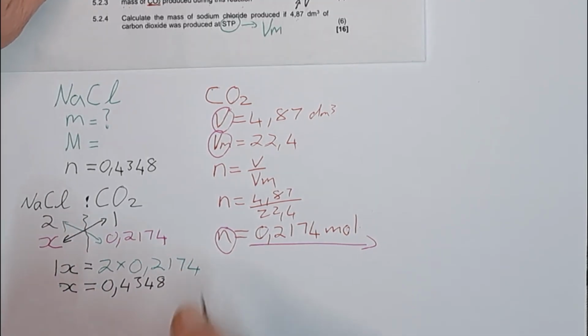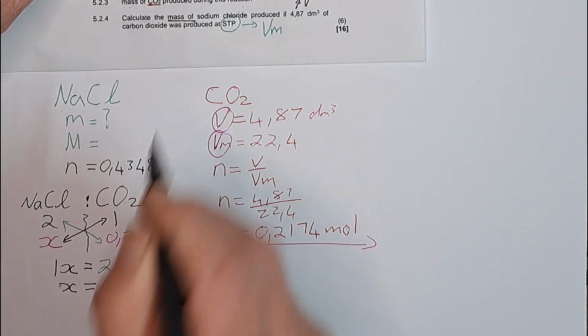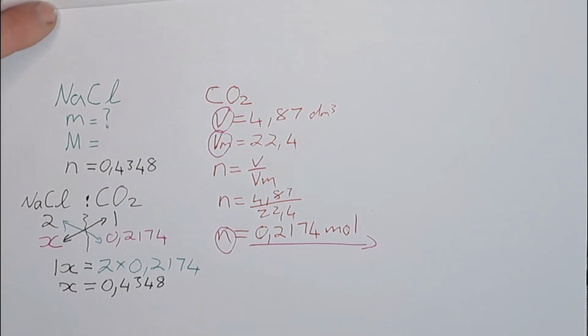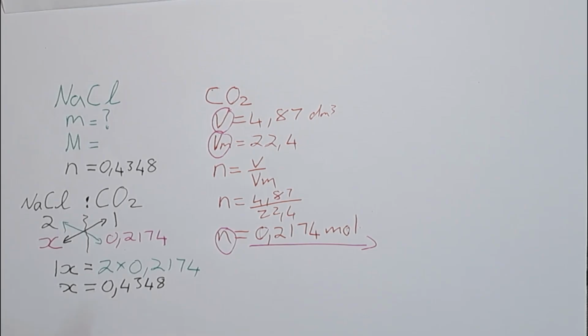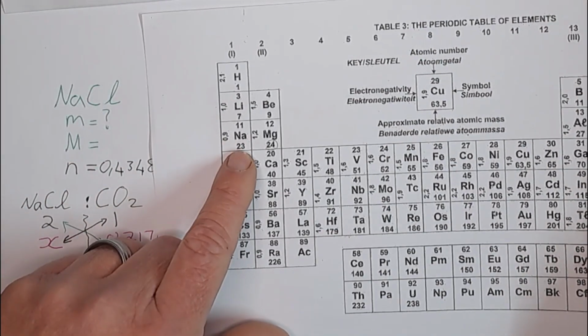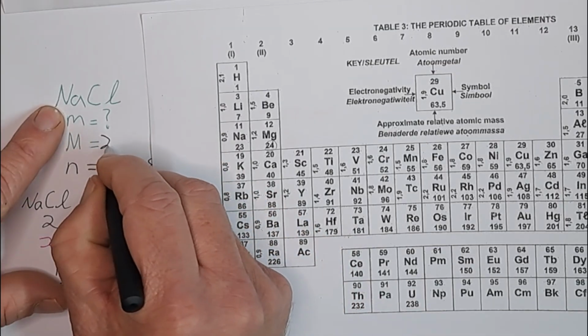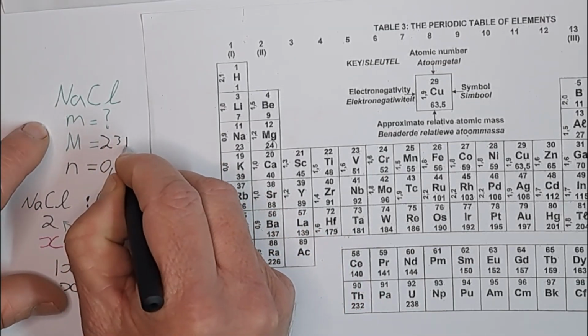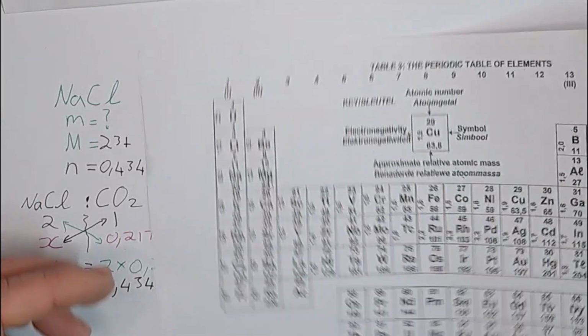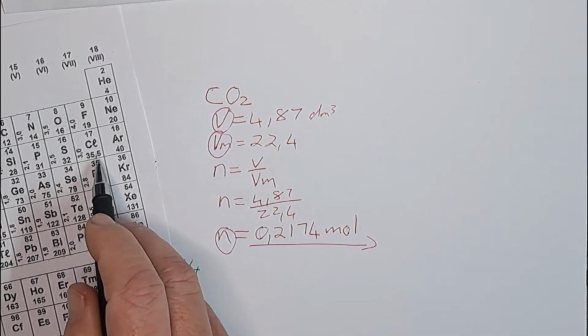So let's remember the question. They ask us the mass. What we need here now is molar mass. So sodium from the periodic table, let's do it one more time. Sodium is 23. There's only one of them. Plus then chlorine is 35,5.